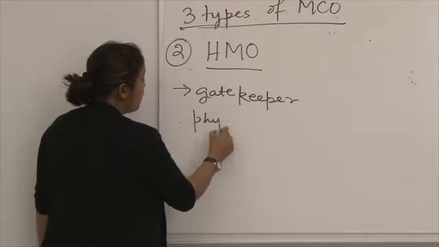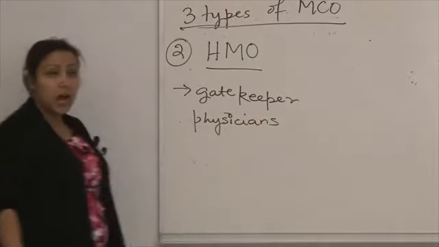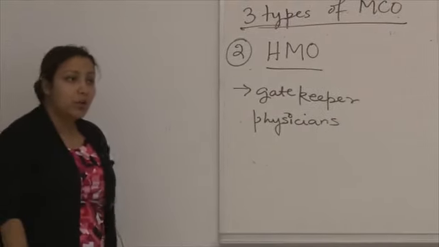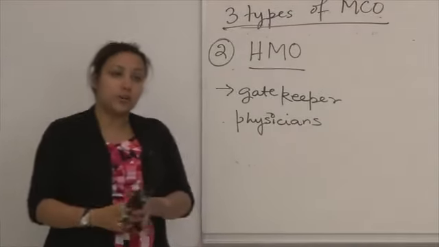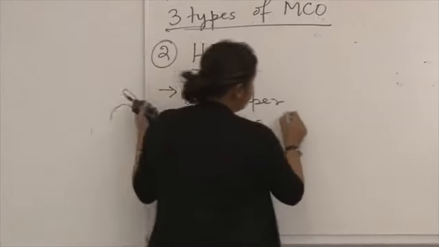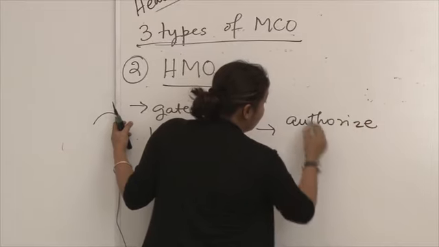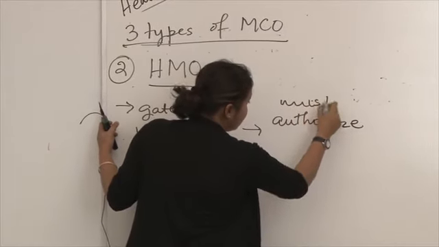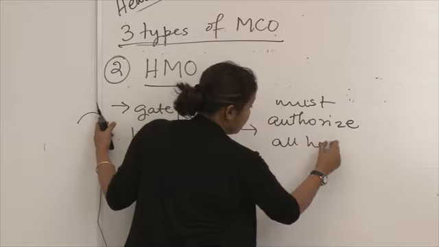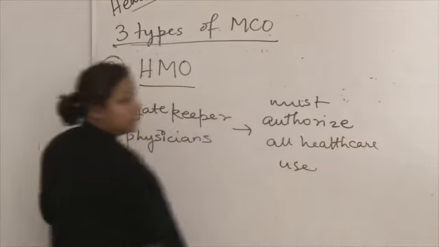So in case of PPO, there was no role of gatekeeper physicians, but now within the organization you have some physicians who are primary care doctors and gatekeeper physicians, and these gatekeeper physicians must authorize all healthcare use or treatment for the patient.